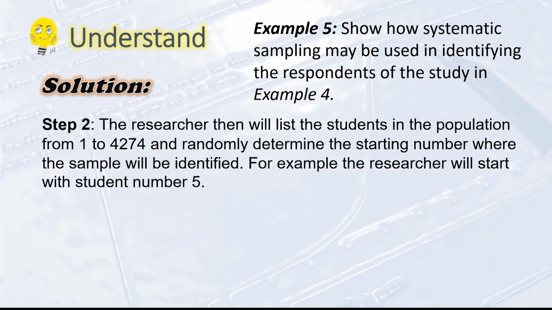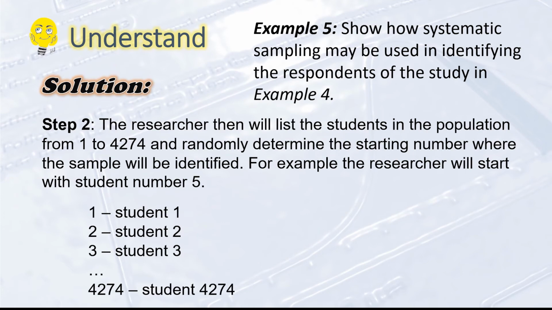For the next step, the researcher then will list the students in the population from 1 to 4,274 and randomly determine the starting number where the sample will be identified. For example, the researcher will start with student number 5. So we have the list as student 1, student 2, student 3.